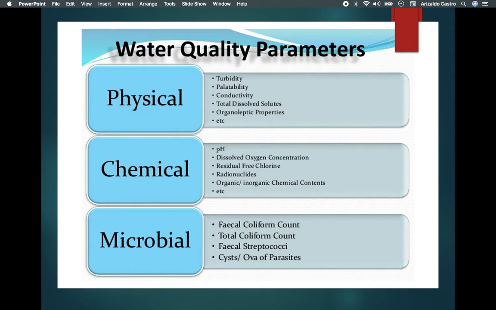And also for the case of parasites, we can check on the presence of cysts or eggs of helminths that are present in the water. Those are actually microbial indicators as well. But the most popular one is coliforms, yung ating detection and quantification of coliforms.